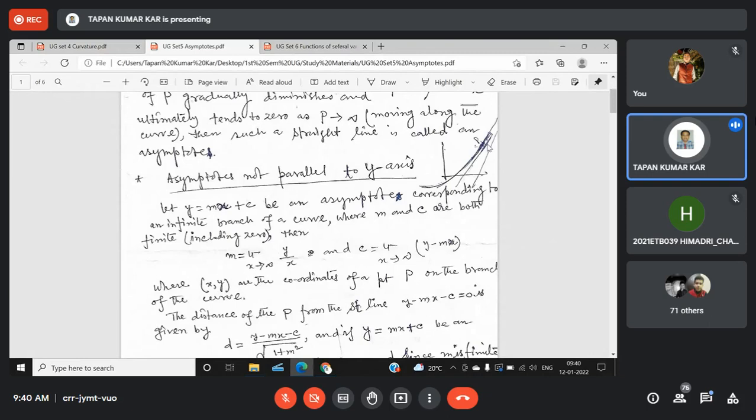The formula is m equal to limit x tends to infinity y by x, and c equal to limit x tends to infinity y minus mx. And this x, y is the coordinate of any point P.